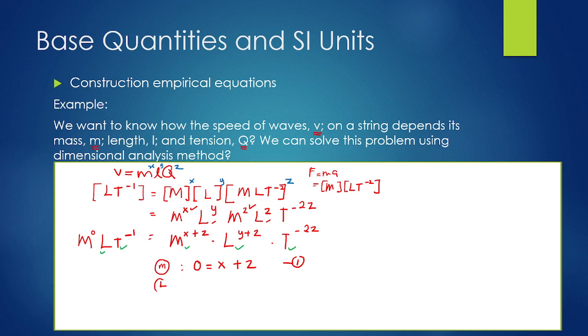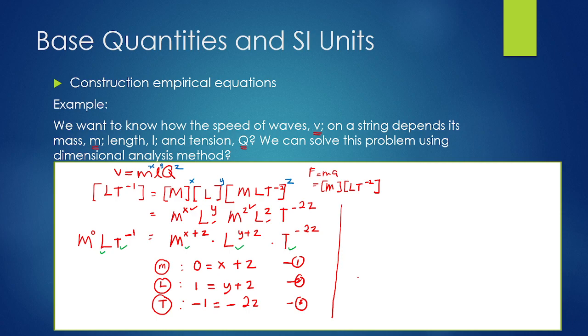For L, you have 1 equals y plus z. Okay, this is equation number 2. And for T, you have negative 1 equals negative 2z. This is number 3.